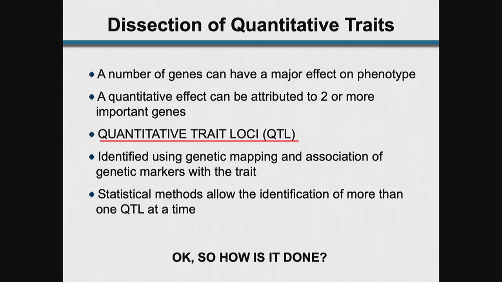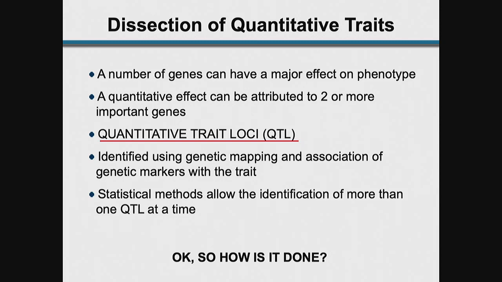Now, QTL mapping is what people do to try and determine where their location might be in the genome. And there has been lots of pioneering work in QTL mapping. In fact, it was first done on crop plants for reasons that you will see in a minute, because it involves lots of crossing of isogenic lines, right? But now it's broadly applied to many different model organisms.